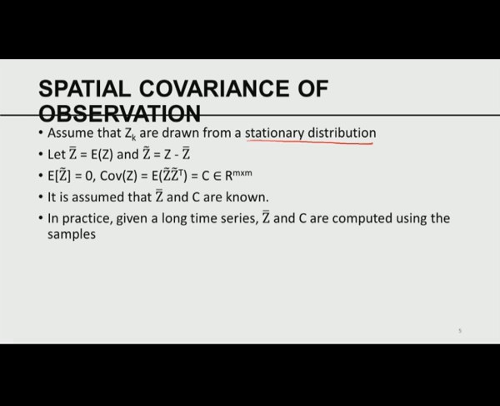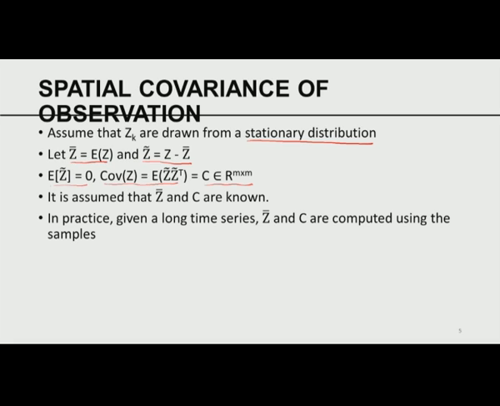So given this stationary distribution that is behind the realization of zk, z bar is the mean of z, z tilde is the anomaly, z minus z bar, the expected value of z tilde is 0, and the covariance of z is given by the expected value of z tilde z tilde transpose, which I am going to call C. So C is an m by m matrix.